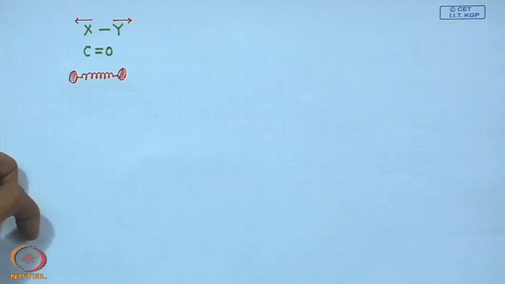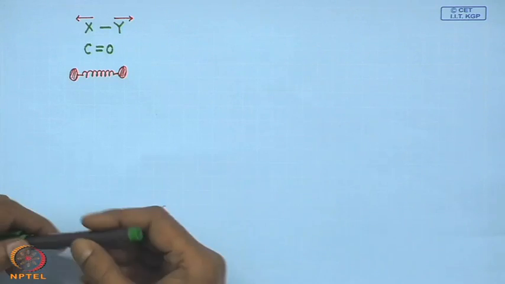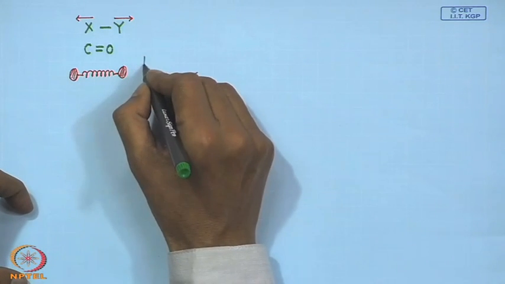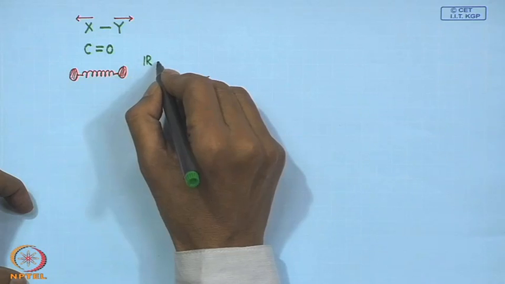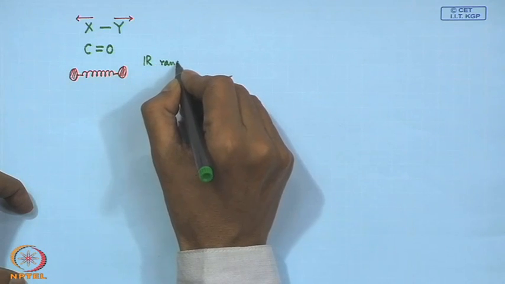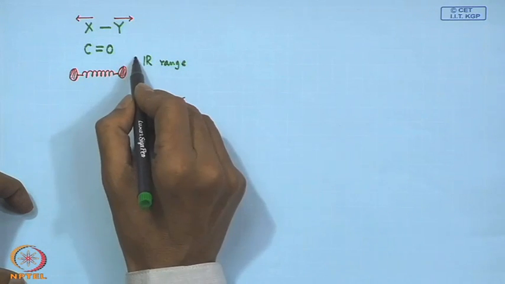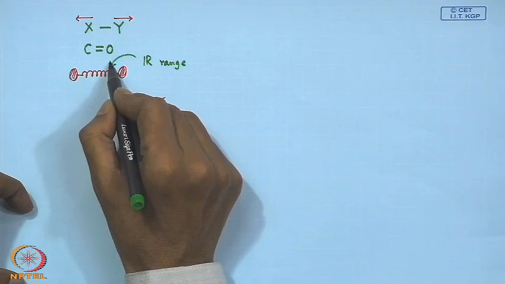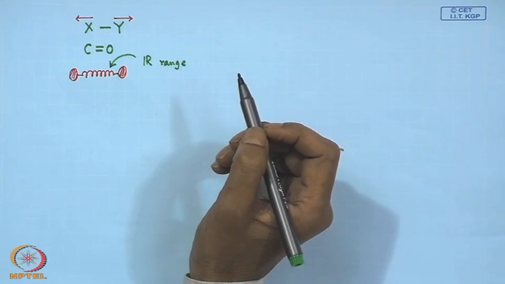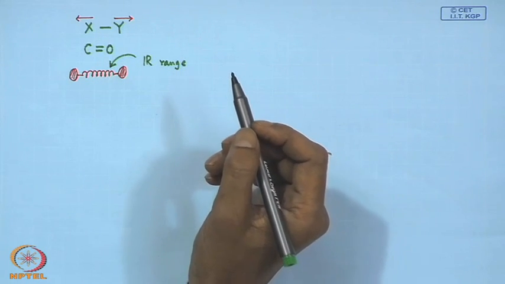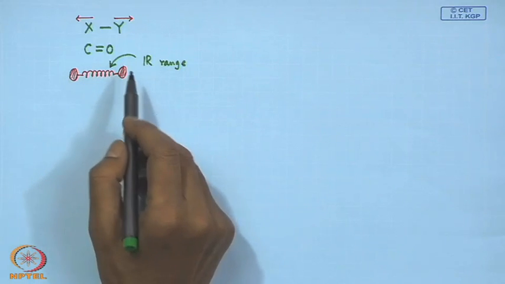So, for the corresponding stretching frequency, as we give radiation in the IR range, the IR frequencies can be absorbed by this particular bond stretching for the atoms which are connected together.